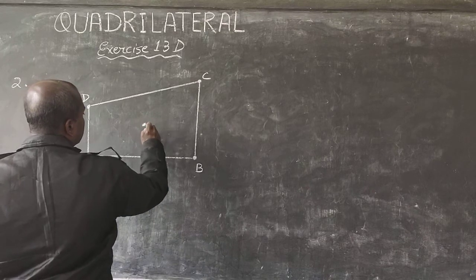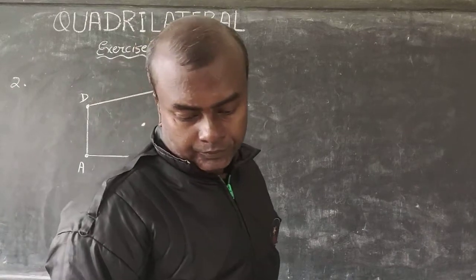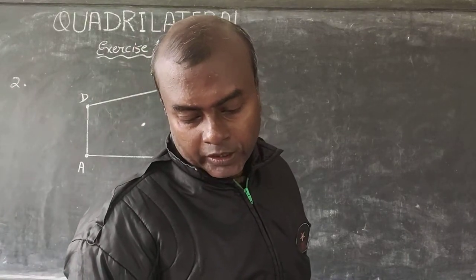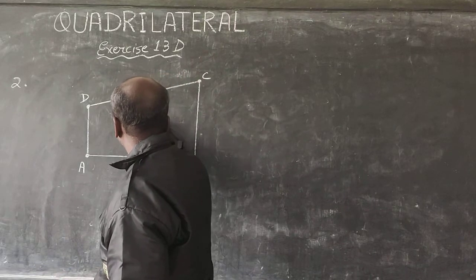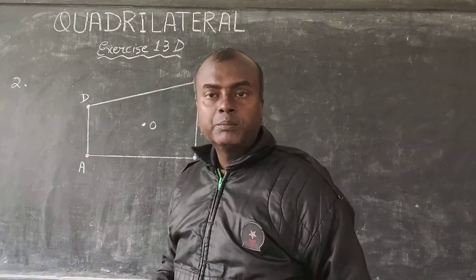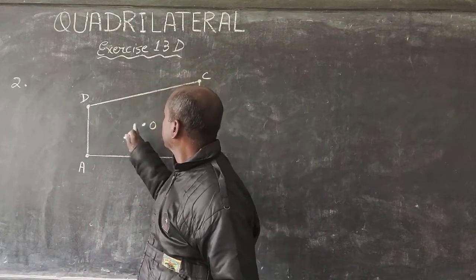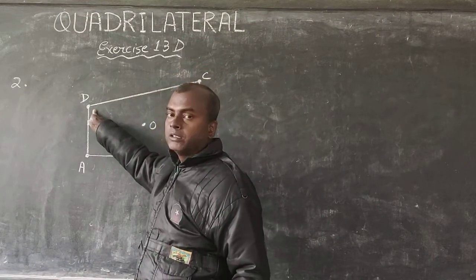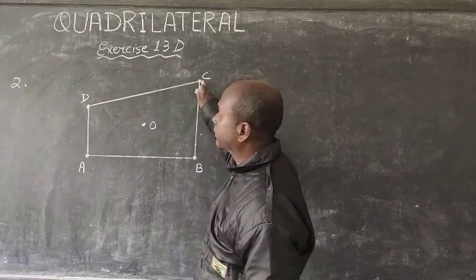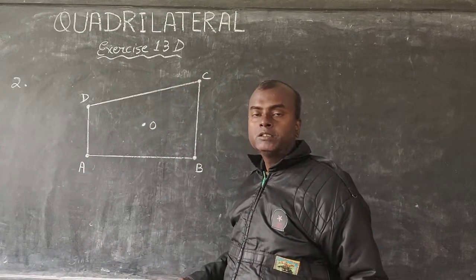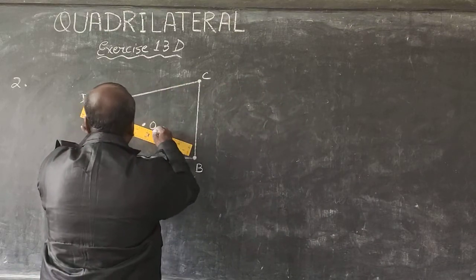So here is the point O. Join this point with each of the vertices. From O till this one, from O till this one, from O till this one, and from O till this one. All the four vertices you connect with O.